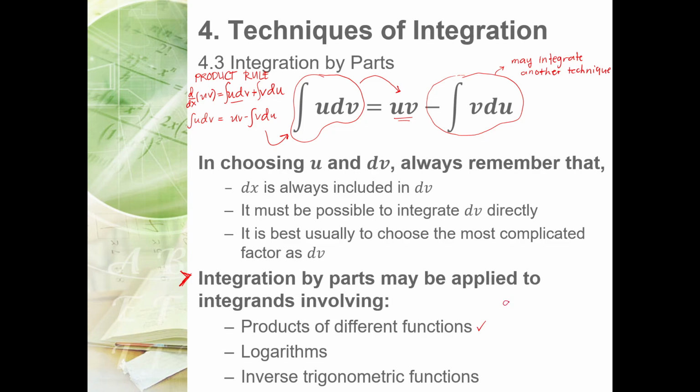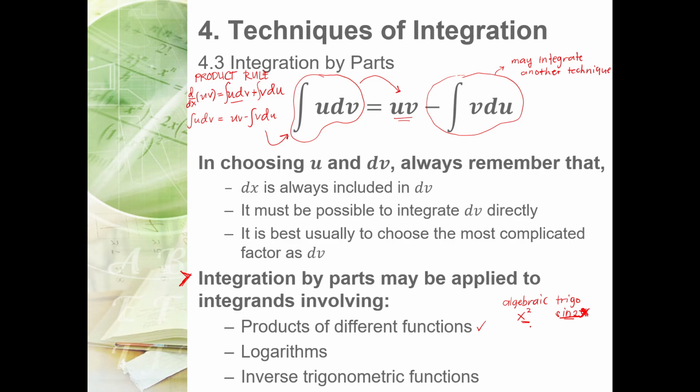Let's say we have an algebraic term, let's say x squared. Then we have a trigonometric term, let's say sine 2 theta or 2x. As you can see, the two terms are of different functions, right? One is algebraic, one is trigonometric. So this is the time that you're going to use integration by parts.